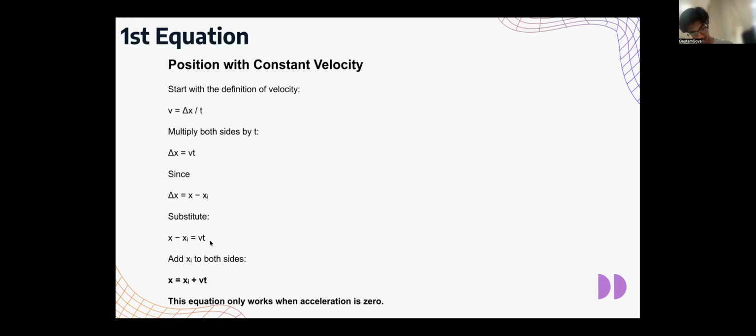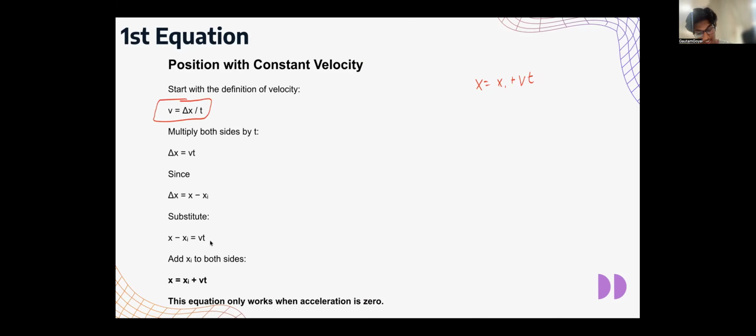This was x equals the initial distance plus velocity times time, right? This was the first equation. So we're going to start crafting this by using the definition that we just covered.